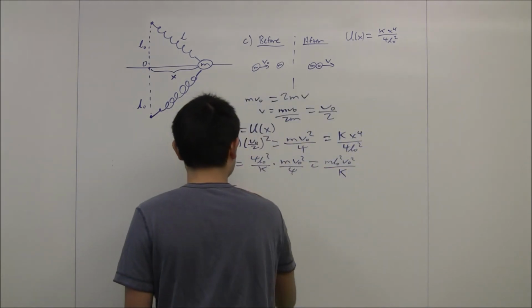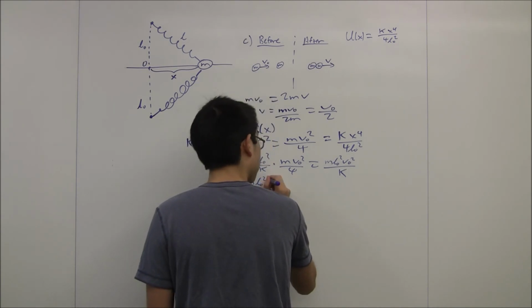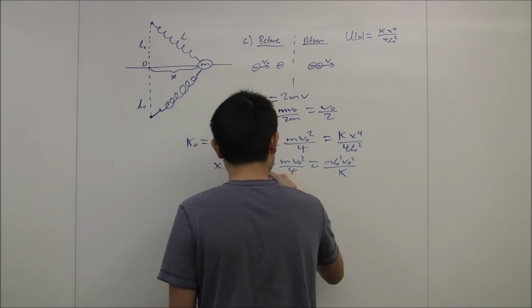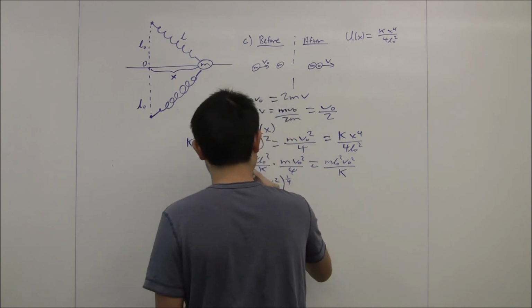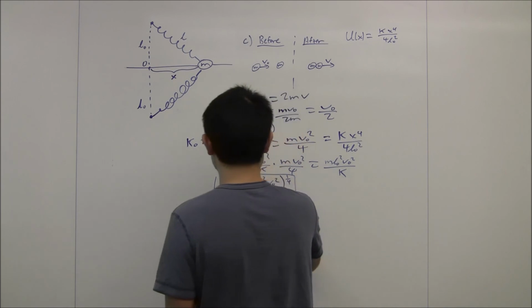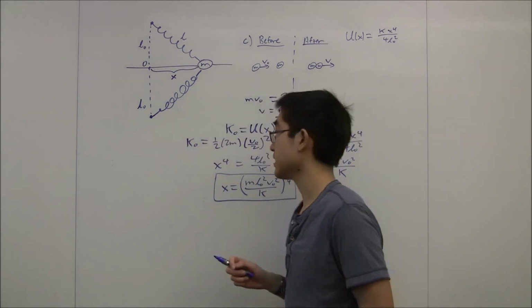So our final answer for x is going to be m times L0 squared times v0 squared over k, all to the 1/4. At this value of x, the two beads will come instantaneously to rest.